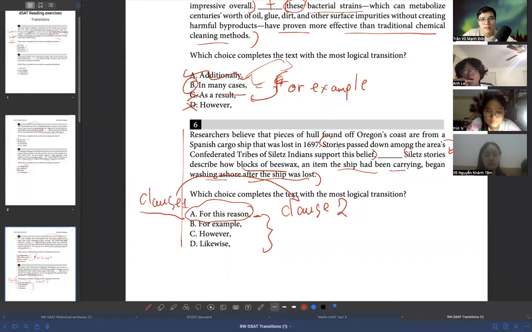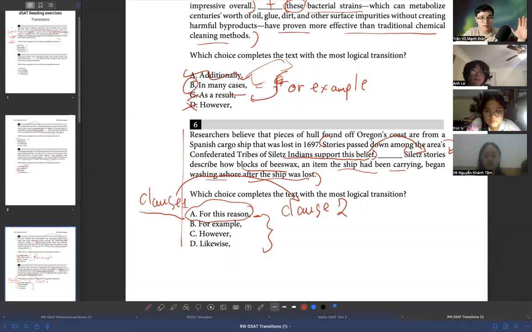But in this case, is this correct? Stories passed down among the area's Confederated Tribes of Siletz, because this story supports this belief. Is it true? Because this happened, this becomes like this. No. Do you understand what I'm talking about?